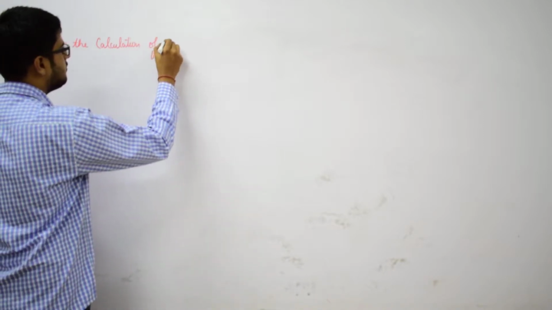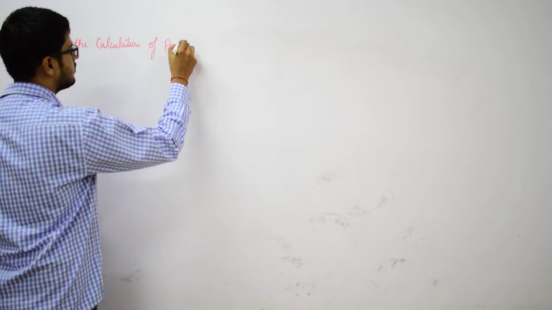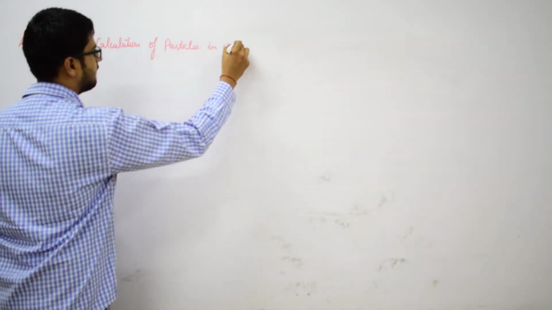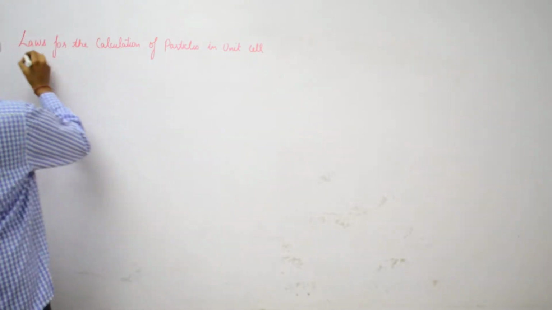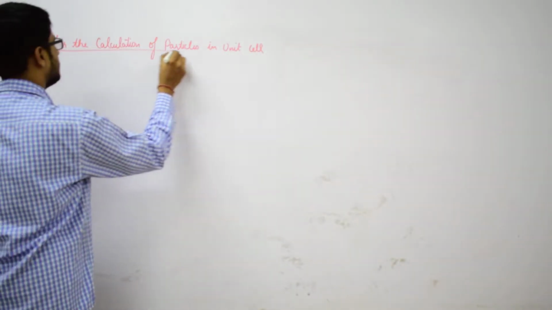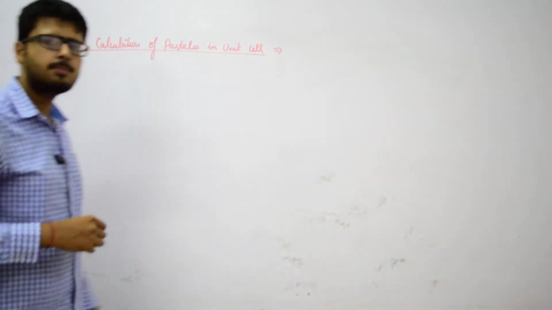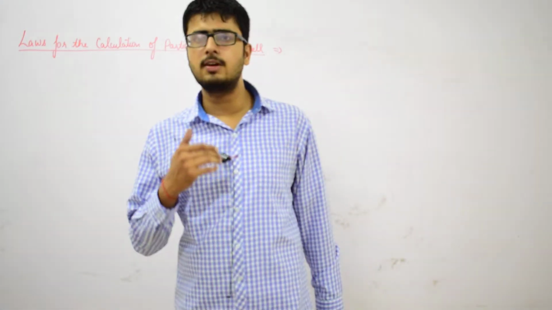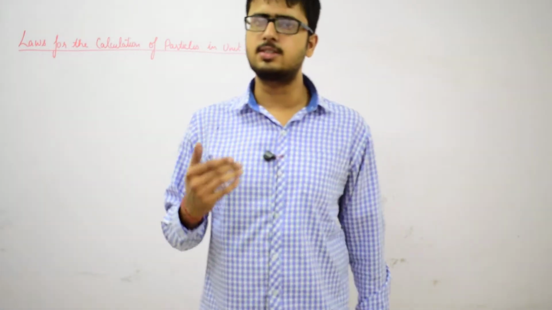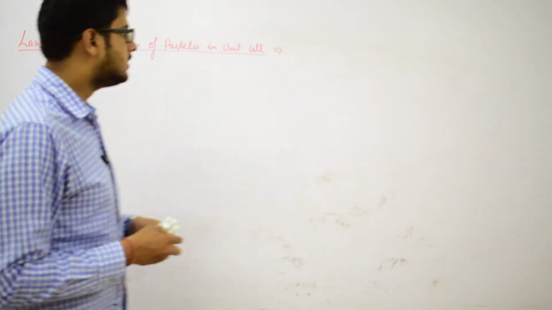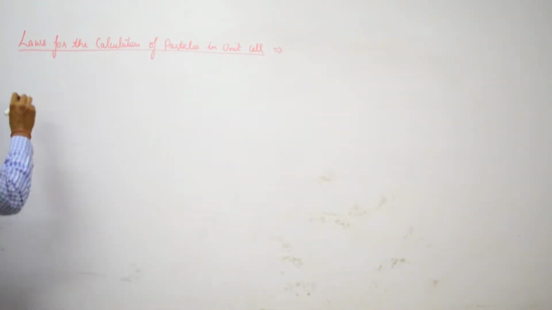There are 4 laws, or rather we should not say it a law, it is just a statement which is very much important for the calculation of particles for a given unit cell. It can be different arrangements. So, there are 4 theories or 4 statements.